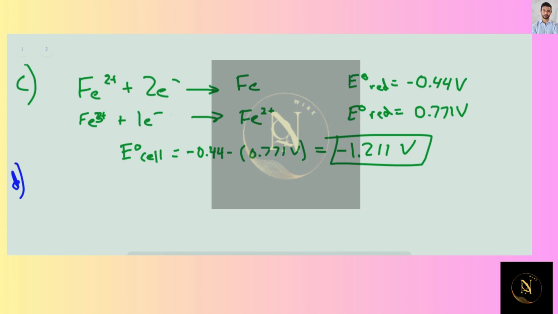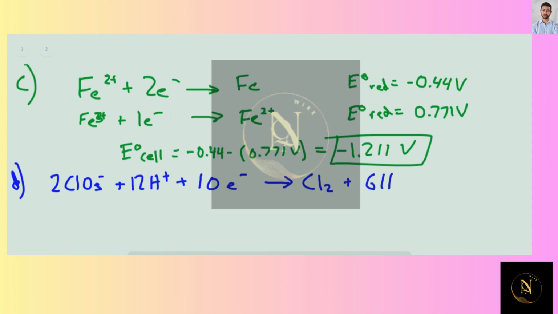And for part D, the last reaction, we're given a chlorate and bromine reaction. So we can go ahead and divide these two reactions here. First, we have 2 chlorate reacting with 12 protons and 10 electrons to produce Cl2 and 6 waters.